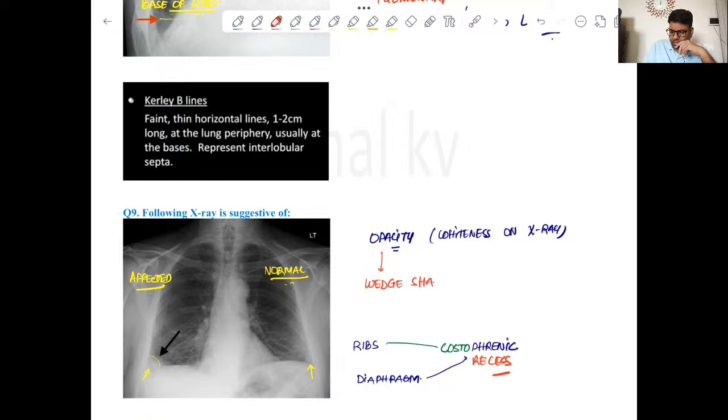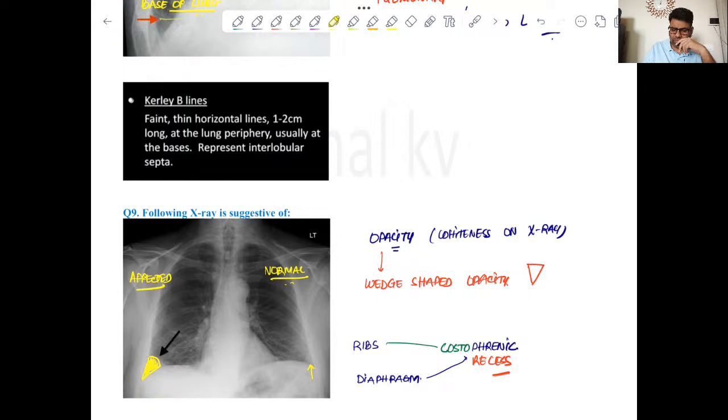This is a wedge shaped opacity. Now wedge means a slice of pizza, you can remember like that. So this is wedge. So it means a wedge has been inserted something like this. So a slice of pizza is somewhere here, right? So therefore it has become all white here.